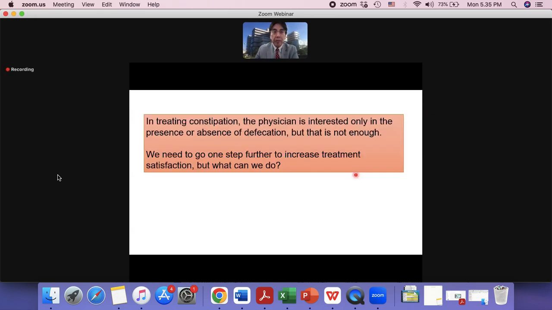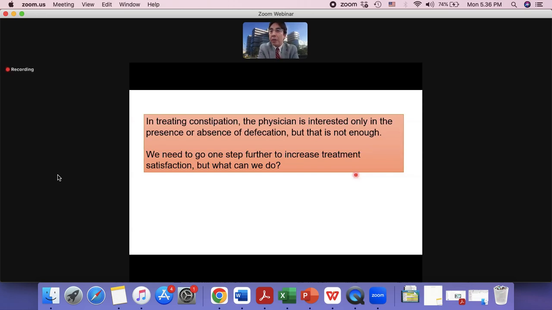the clinical setting. In treating constipation, the physician is interested only in the presence or absence of defecation. That is very simple, but it is not enough for the patient, especially for getting good satisfaction. We need to go one step further to increase treatment satisfaction.